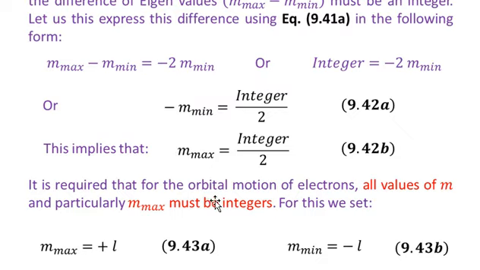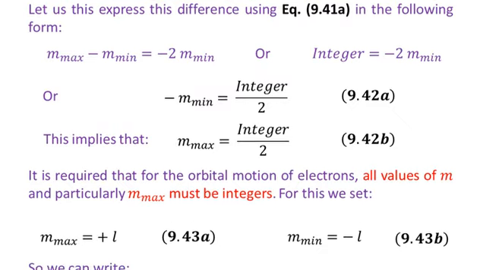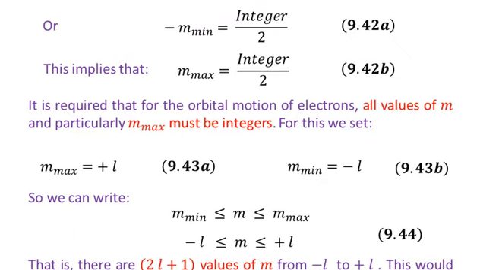It is required that for the orbital motion of the electron, all values of m, and particularly m max, must be integers. Here we are assuming from our previous knowledge that m must be an integer, and we shall also establish that. But here let's take it for granted that m must be an integer.